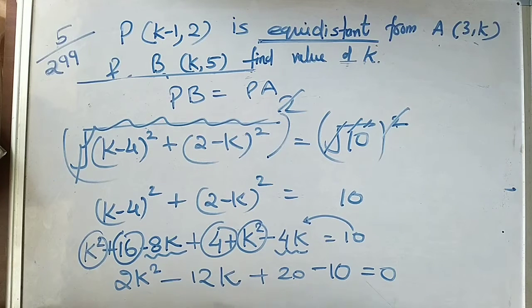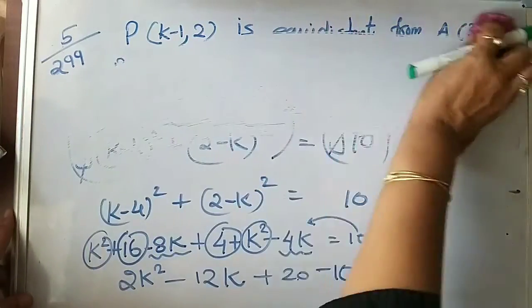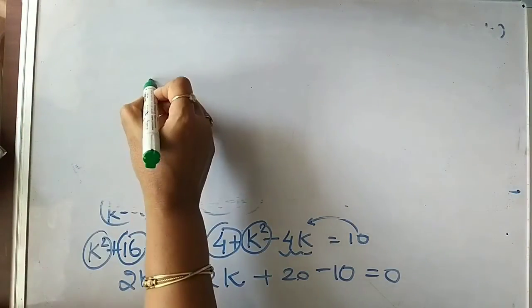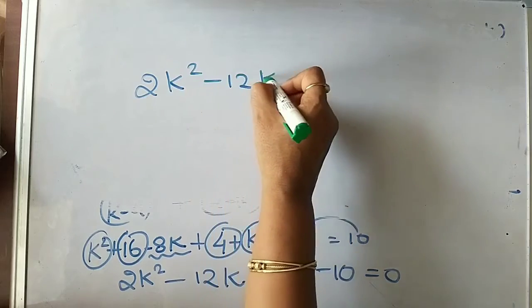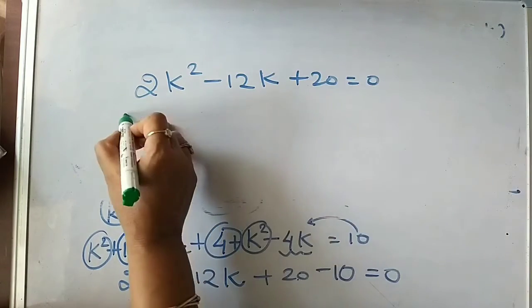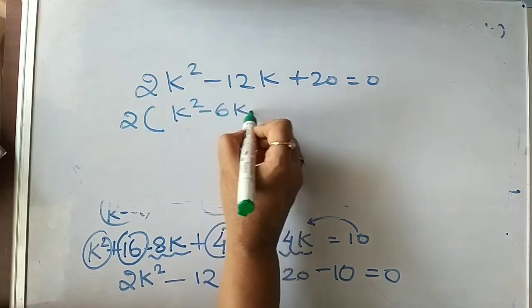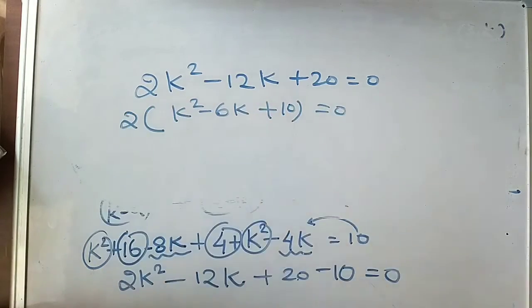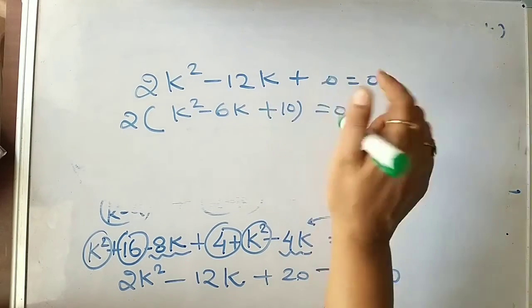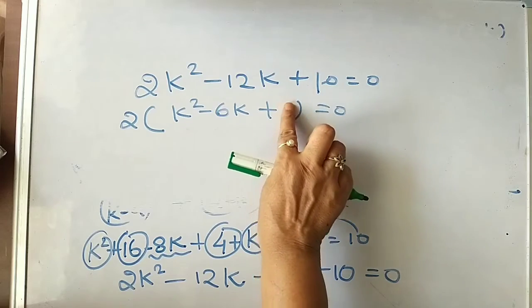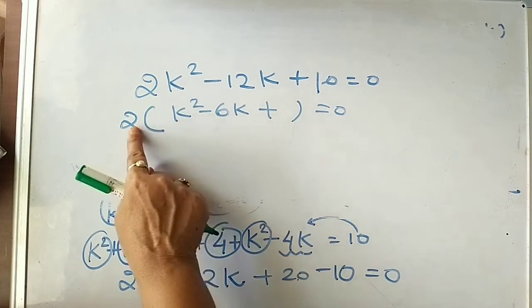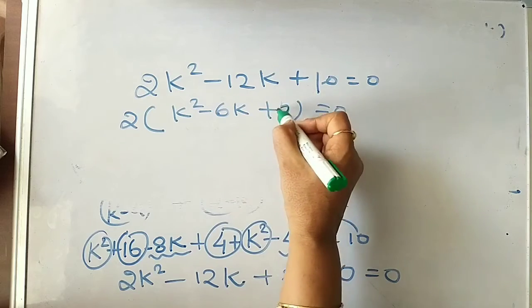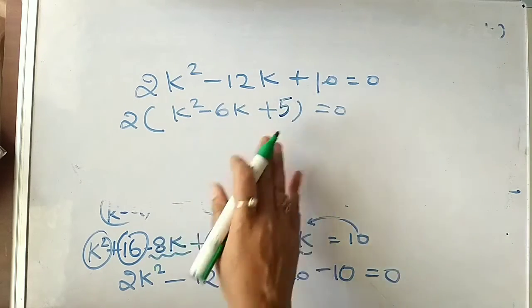So 2k square minus 12k plus 10 is 0. Let me take 2 common: k square minus 6k plus 5 is 0. So now I have to factorize it.